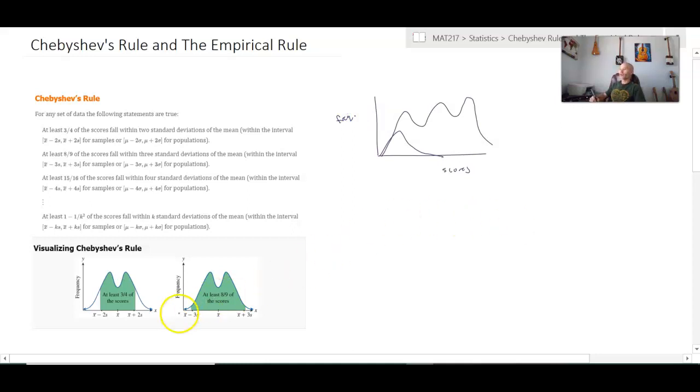And we are guaranteed that at least 3/4 of the scores, if that's the mean right here of our probability distribution, then subtracting 2 standard deviations and adding 2 standard deviations, we can guarantee that 3/4 of our data values will be captured within that interval.